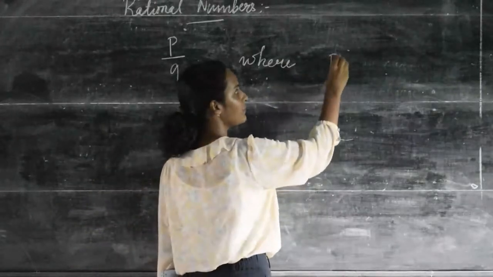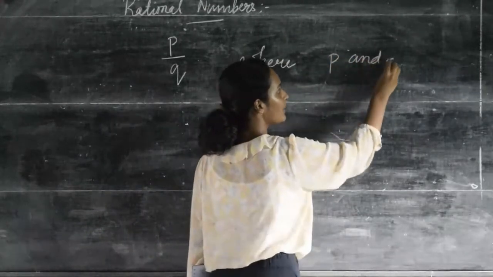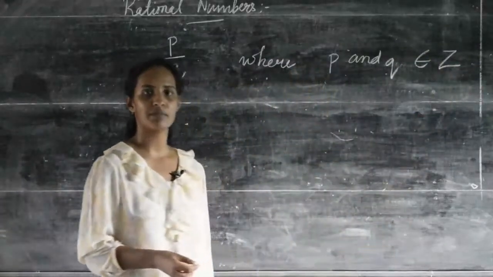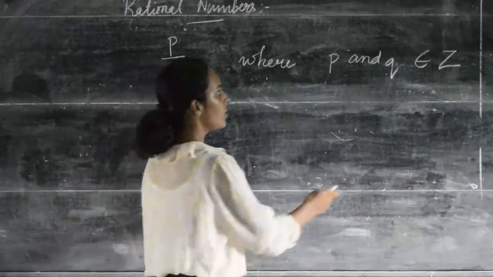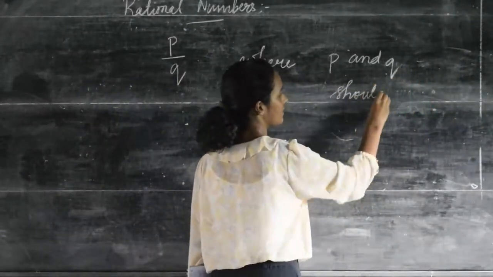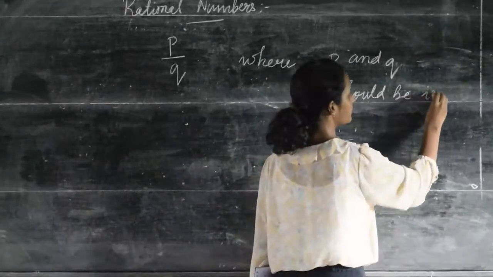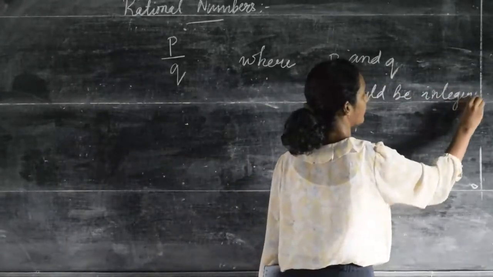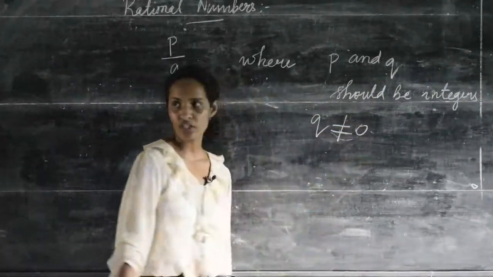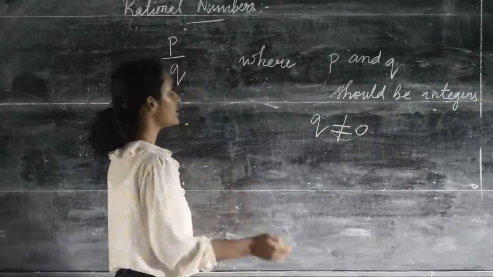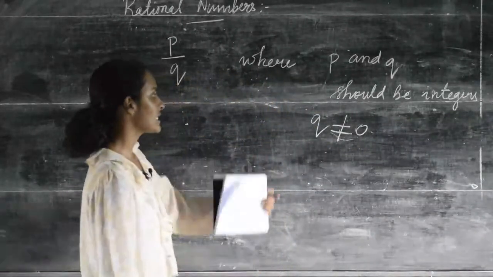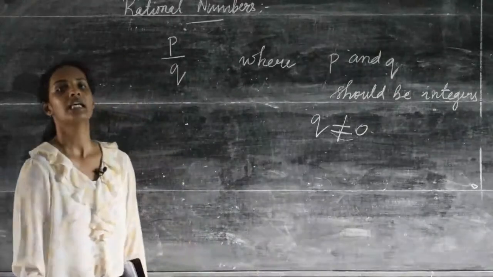P and Q should be integers, elements of Z. Element of Z means it should be integers, okay? And Q should never be 0. So the first condition is that P and Q should be integers, and the second condition is that Q should never be 0, okay?